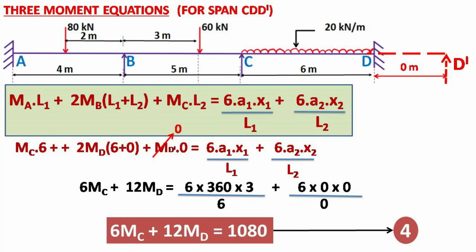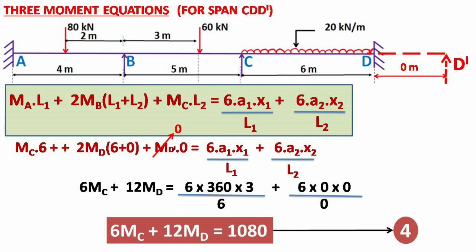Slide 10. Now, to generate another additional equation, we are considering a zero span DD dash towards D, as shown in the figure. Now applying the 3-moment equation to span C, D, D dash. The equation becomes MC times L1 plus 2MD times L1 plus L2 plus MD dash times L2 is equal to 6A1 x1 by L1 plus 6A2 x2 by L2.